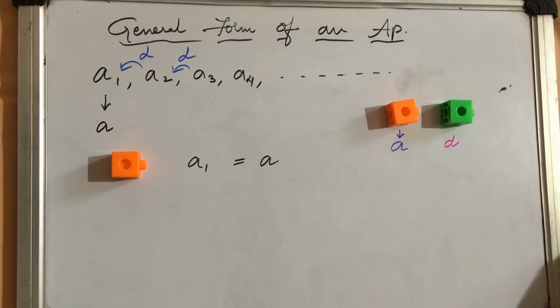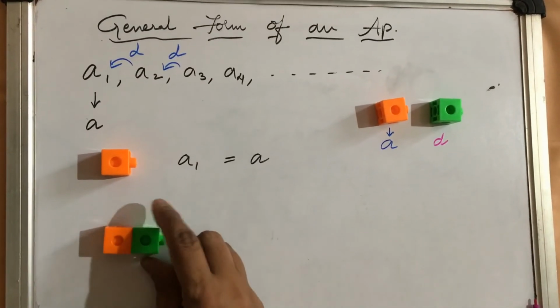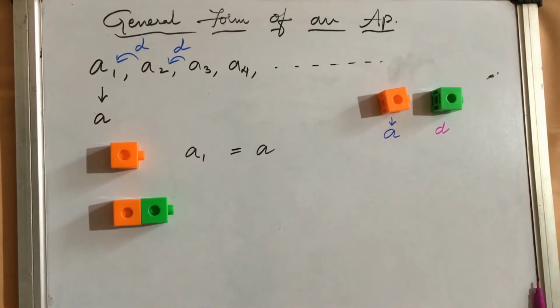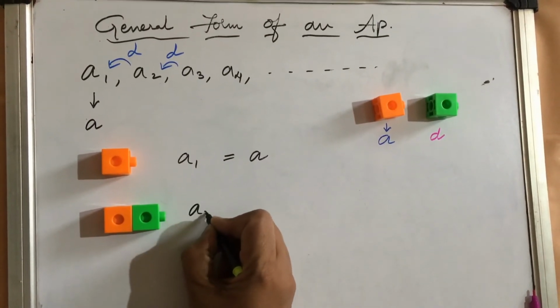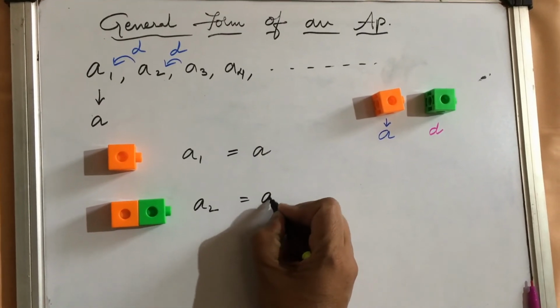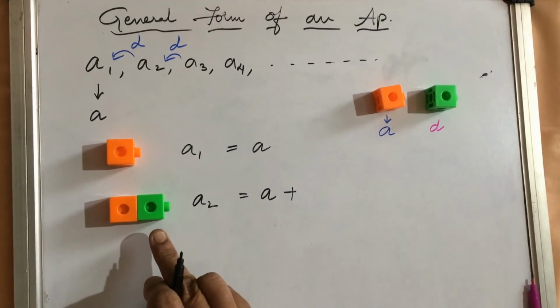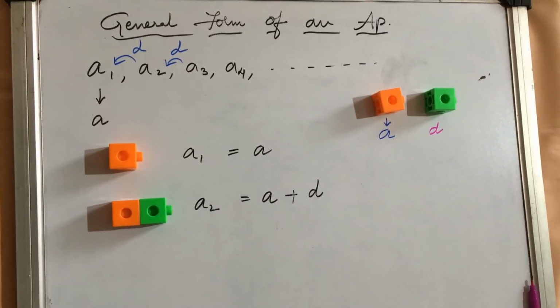Suppose d is added to this first term, then it becomes like this. What did we get? a2. Orange color is a, and green color is d. a plus d we can write.